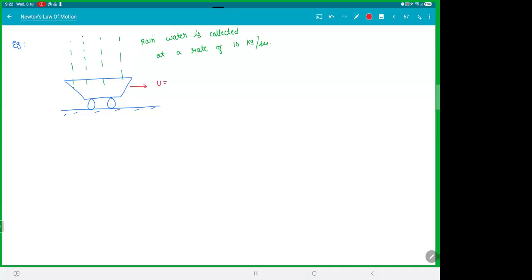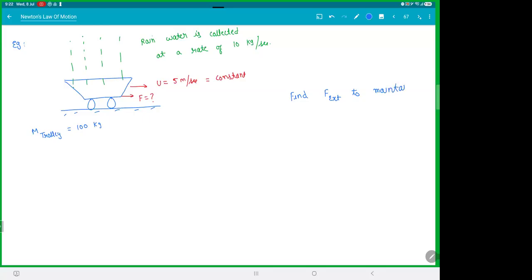This trolley is going with a speed of u is equal to 5 meter per second. Let's say this is constant. And someone is applying a force F on the trolley. Mass of the trolley is 100 kgs. So straightforward question. Find the F external to maintain the speed. So how much force should act on the body so that the speed of the trolley is maintained?